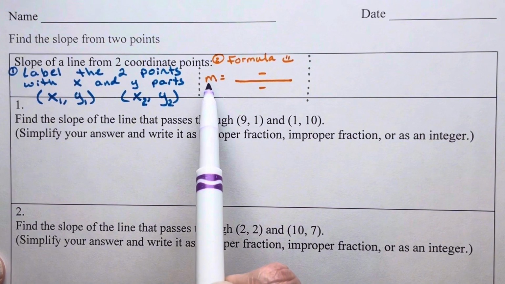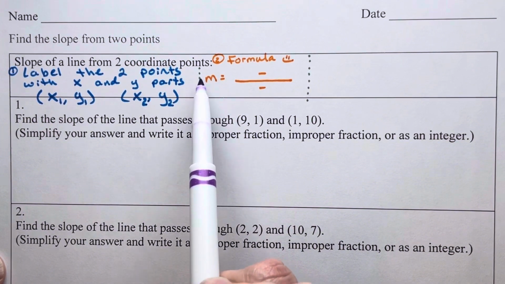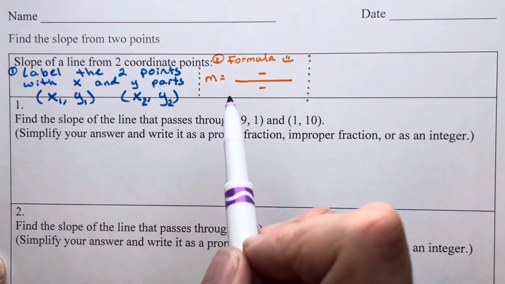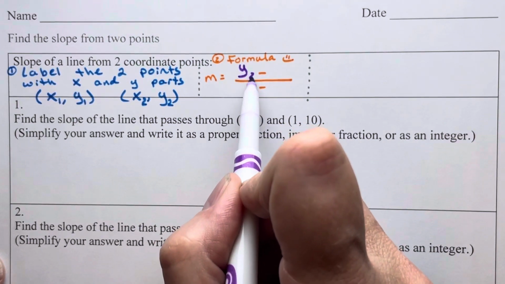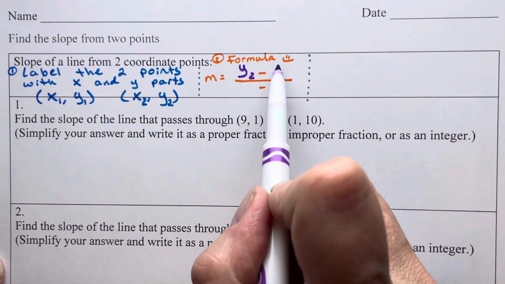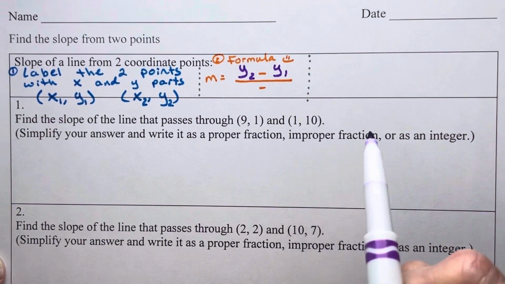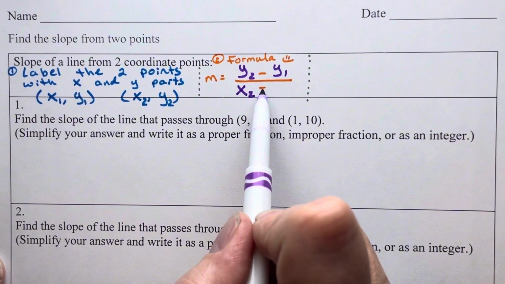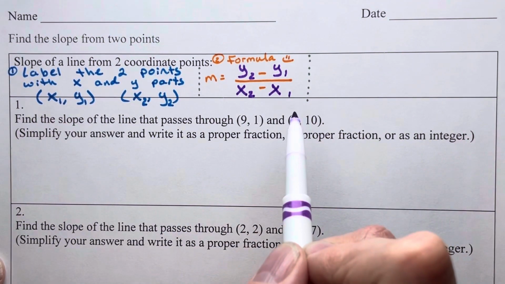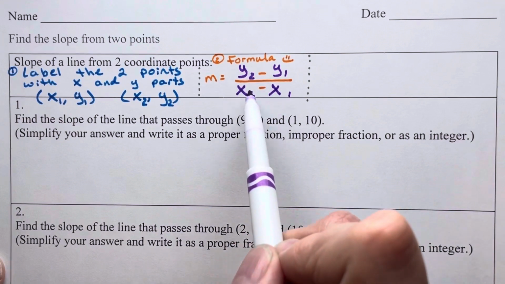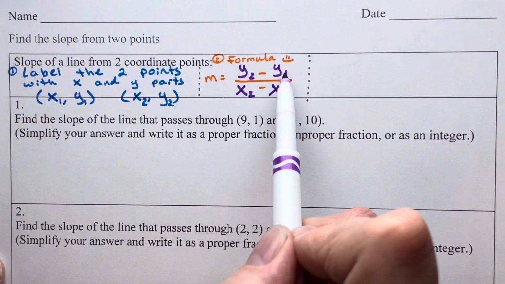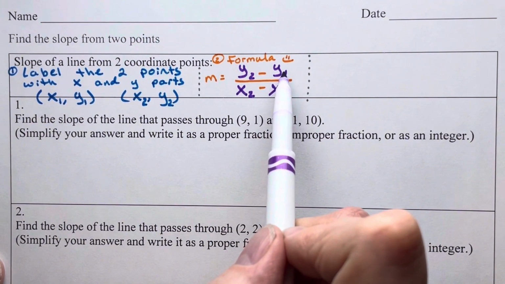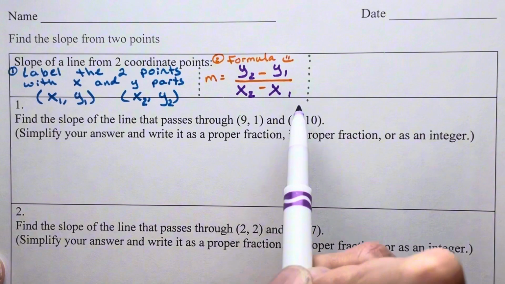Remembering that slope is symbolized with the letter M, the formula that we will be using is y2 minus y1, all divided by x2 minus x1. It is important that you keep the order of 2 minus 1 over 2 minus 1. It is important that the y values are on top and the x values are on the bottom.